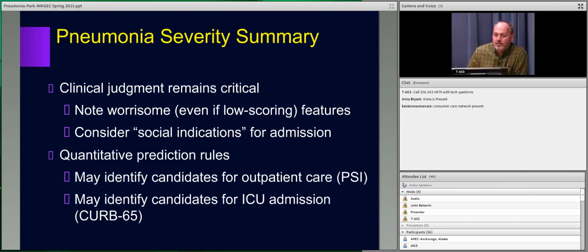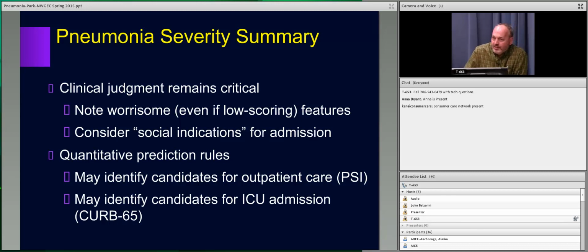Okay, so in terms of severity, I think clinical judgment really remains critical, because you have to note worrisome features even if they are low scoring or no scoring. Okay, and you need to consider social indications for admission.